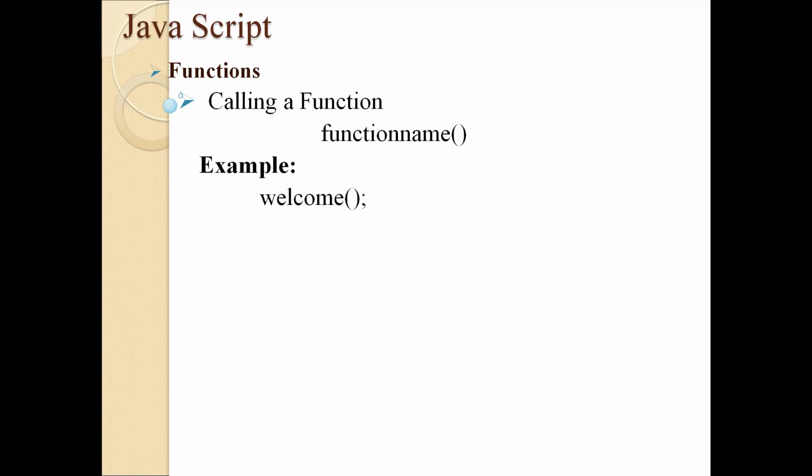Just the declaration of that welcome function will never give you the output. If you want to see the output of that function, we need to make a call to it. If I want to execute the welcome function, I simply write welcome, open parenthesis, close parenthesis, semicolon. If I write this statement in the JavaScript code, it will execute the function with the name welcome.